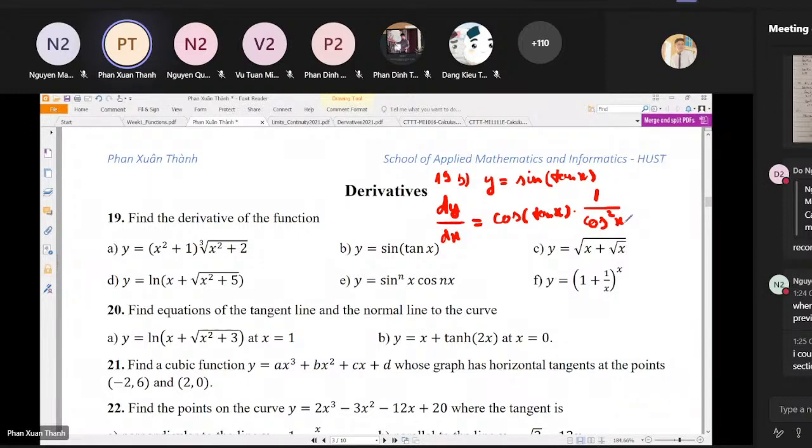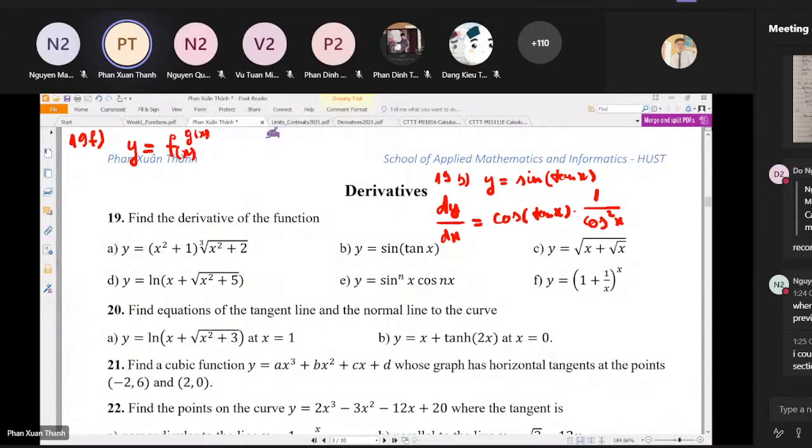Let's do one more exercise for 19. Now the function is given by the formula y equals f(x) to the power g(x). How can you differentiate this function?